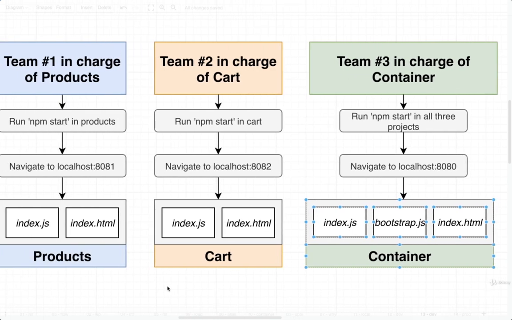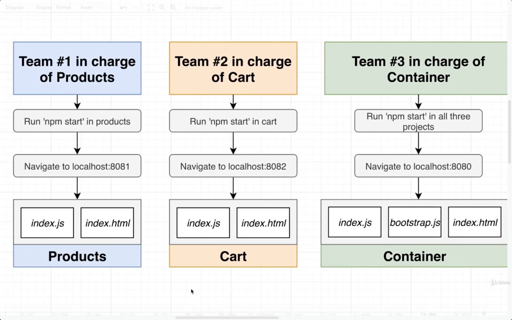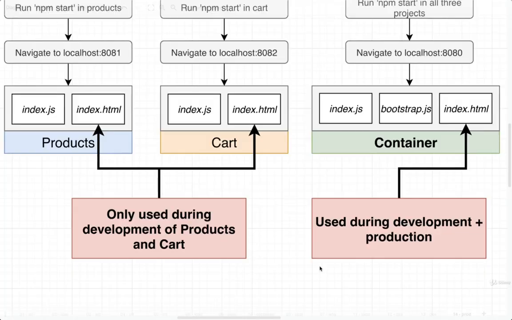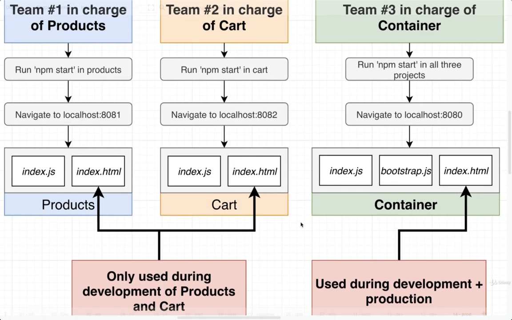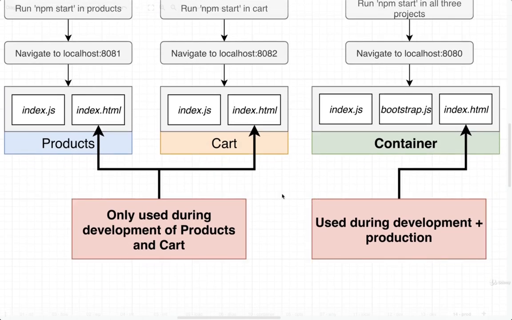Now, there is one other thing I want to make sure that's really, really clear, because you might be a little bit confused around the existence of these HTML files. Okay, same diagram, I'm just a little bit lower, and I added on these red boxes. So just to make sure it's really clear, our products and cart applications have index.html files inside them. Those HTML files are only used during the development of these sub-projects.